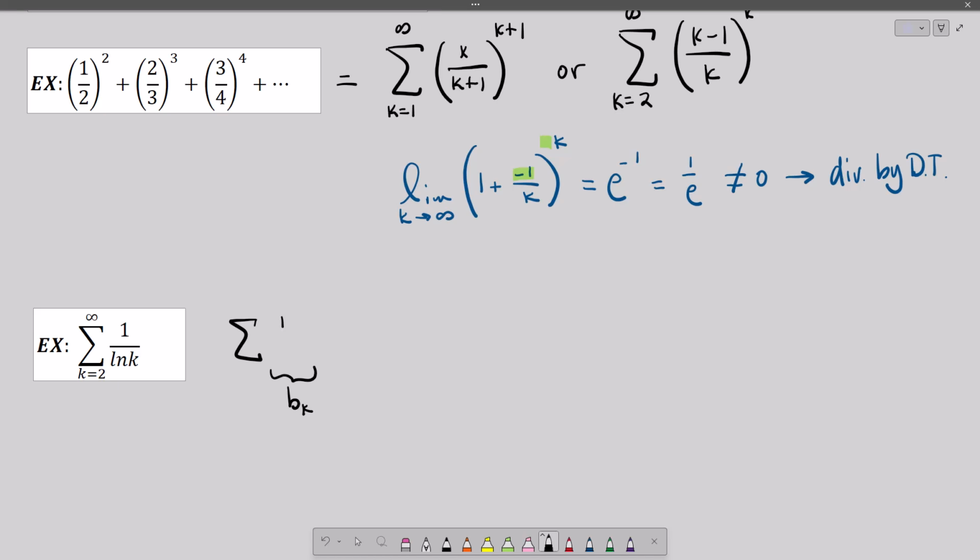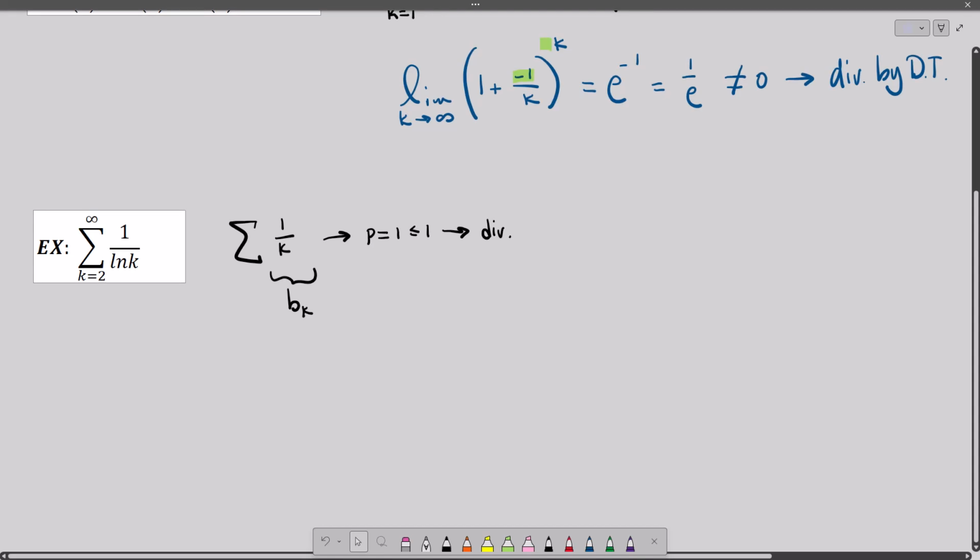So I want to just see if we can compare this. So here we have p is equal to 1, which is the harmonic, which is going to diverge. So we already know that that one diverges. And if the fractions are going to go to 0 even slower, we know it's going to diverge. But let's see if we can actually make the comparison test work here for it.